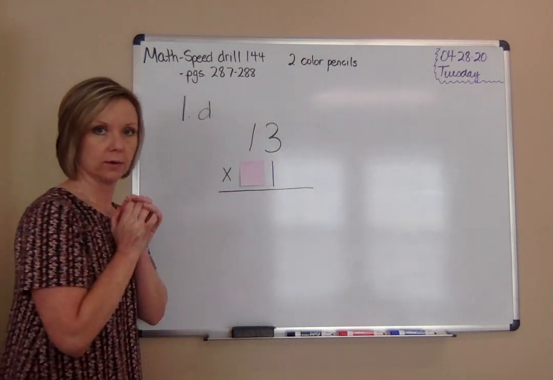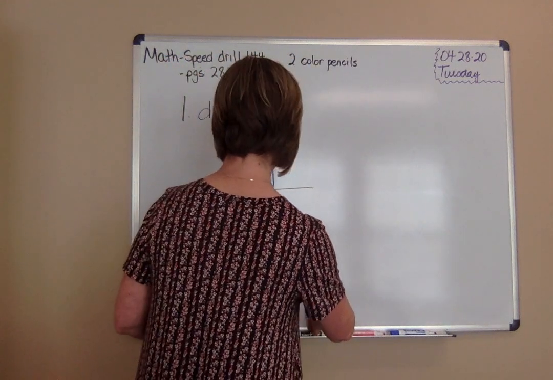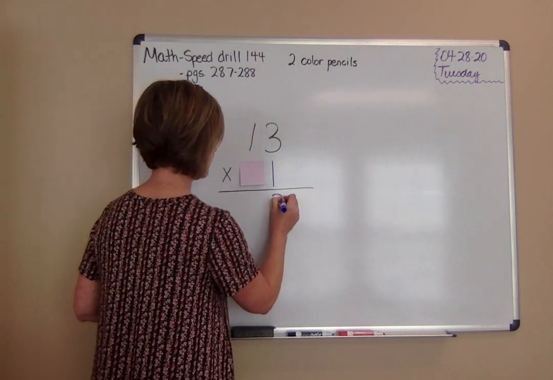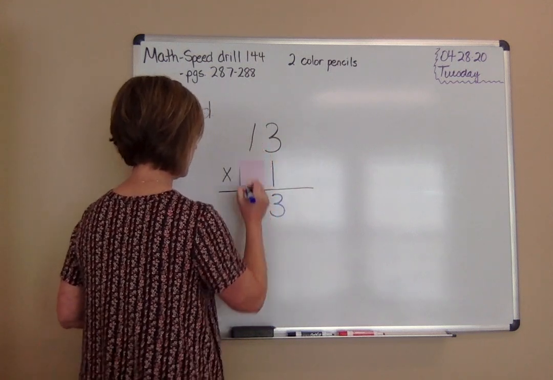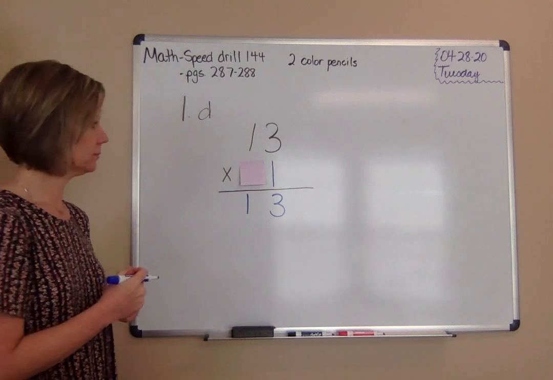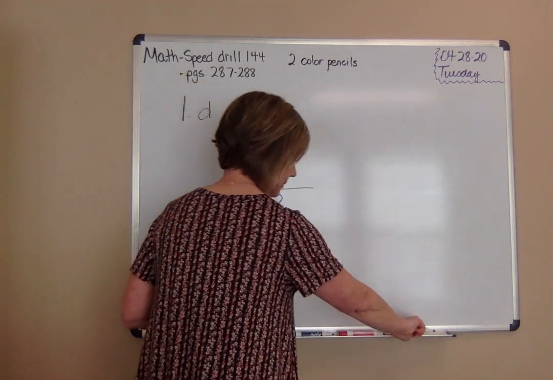Because I don't need it right now. I'm going to start in my ones place. Okay. 1 times 3 equals 3. 1 times 1 equals 1. Easy enough, right? Now I'm going to switch over to my red.